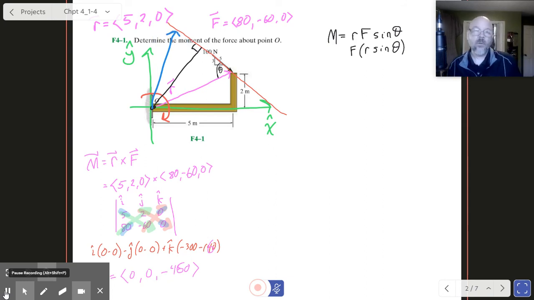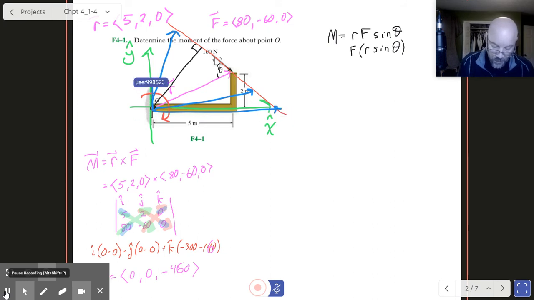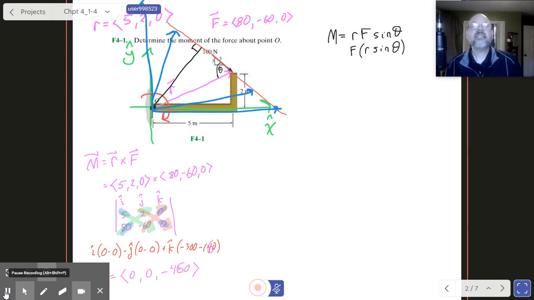And if I want to know, well, what's the moment along that moment arm, it's going to be the same, because it goes from the origin out to the line of action. I could do it over here. I could say, well, what's that moment going to be? Well, it's going to be the same, because it goes from the same point of interest out to the line of action. I could come out here. Same thing. I could come all the way up here to the intersection. Same thing.